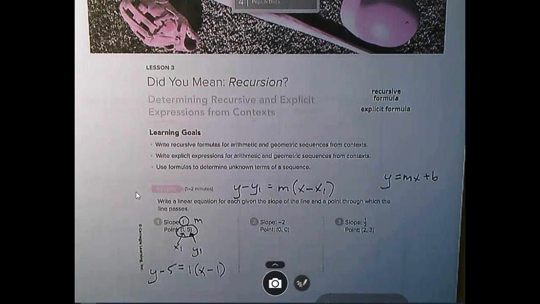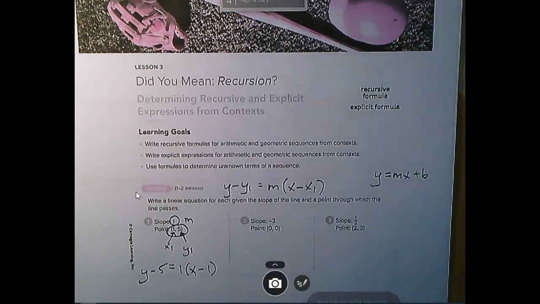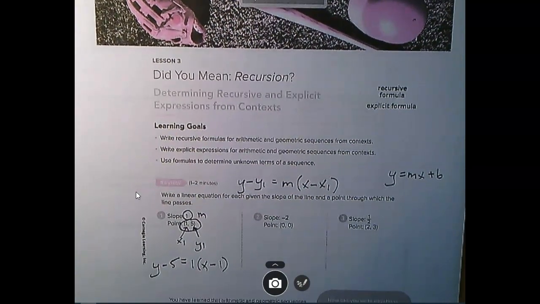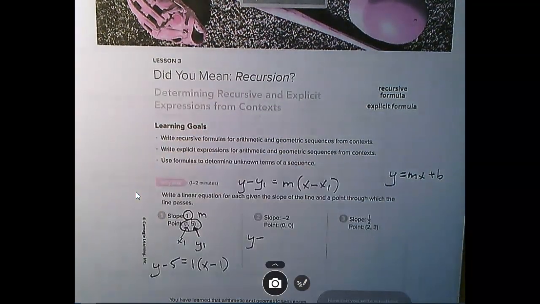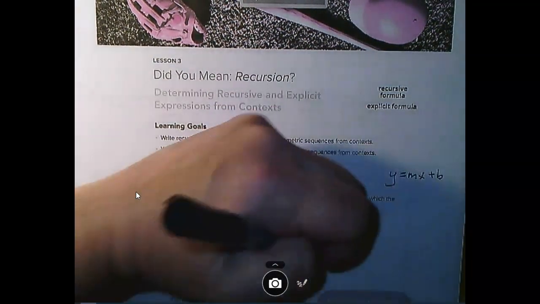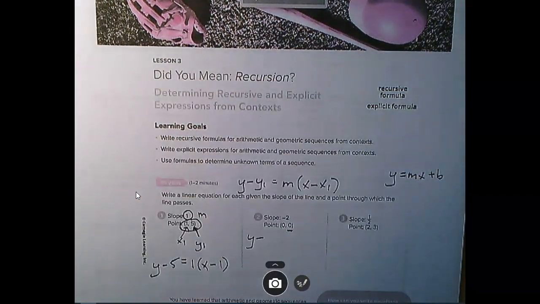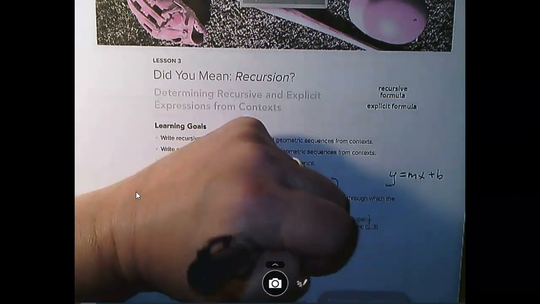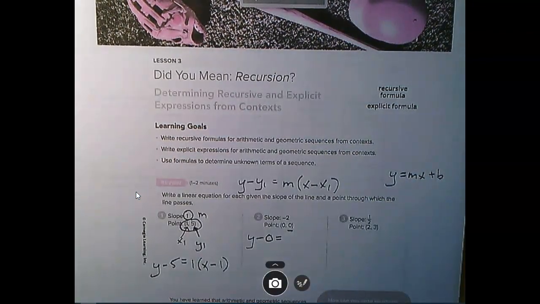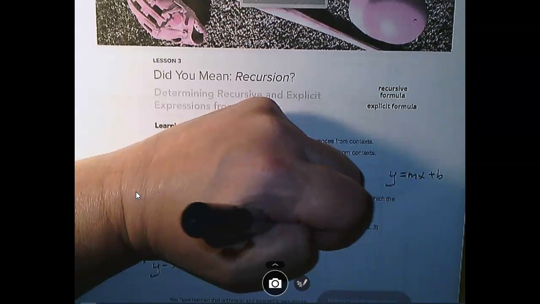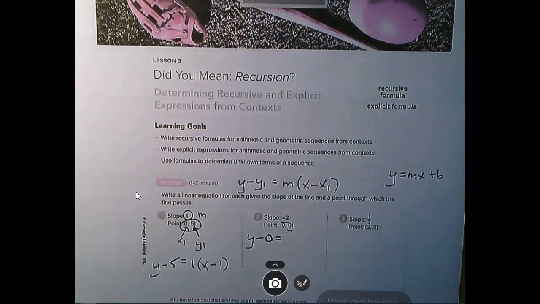So then you move on and do the same thing for the other 2 equations. So y minus, and then you're going to plug in the y coordinate, and then equals, and then you're going to plug in the slope, or that number right there.